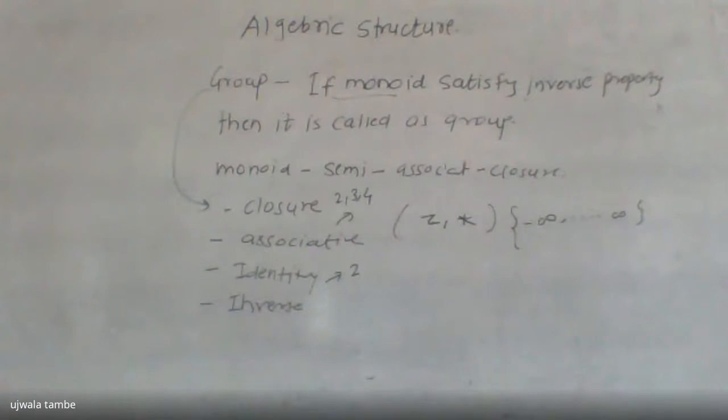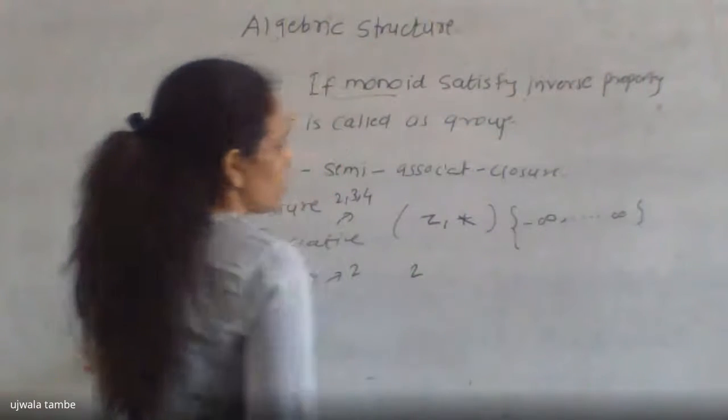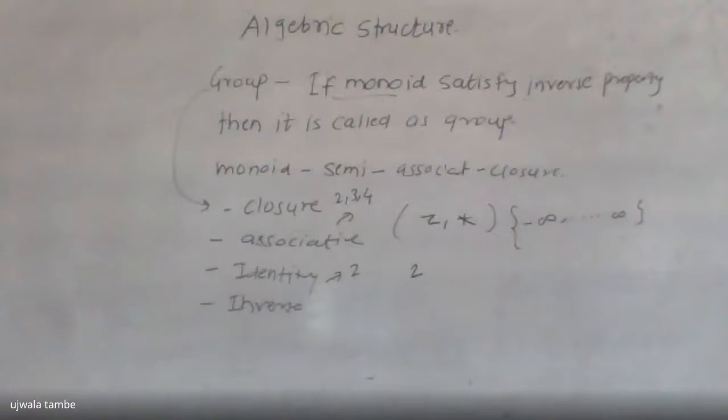It is a group if it is a monoid and it satisfies the inverse property. Suppose the number is 2 and I have to find out the inverse. So what is the inverse element for 2? What is the inverse for 2? How minus 2?